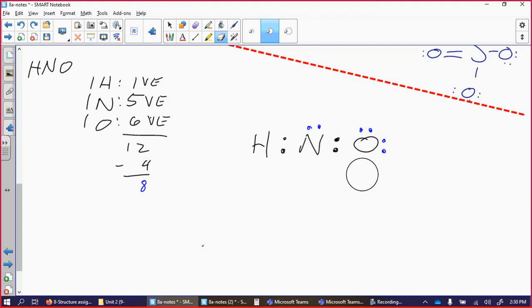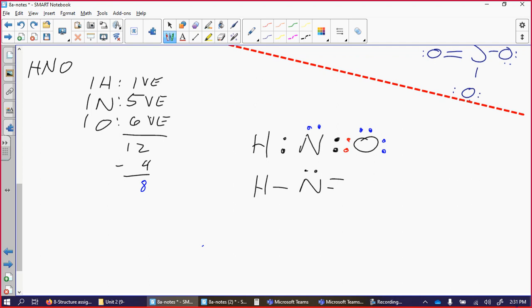Can I do that? Get rid of those. Now I've got 2, 4, 6, 8, 10. Put 2 in here. That nitrogen is now happy with 8. I can put a double bond here. Interesting. I need to look that up.